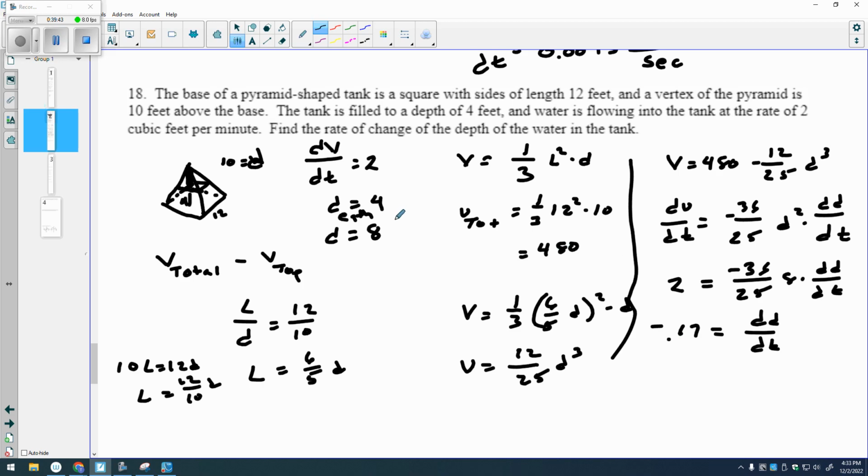Now, I just noticed that when I started this video, the depth is down here. That's what we really wanted. So if I were to really do this correctly, I should have gone 12 minus D was the height of the pyramid, and then I could have solved that and got a better representation of how the depth of the water changes.